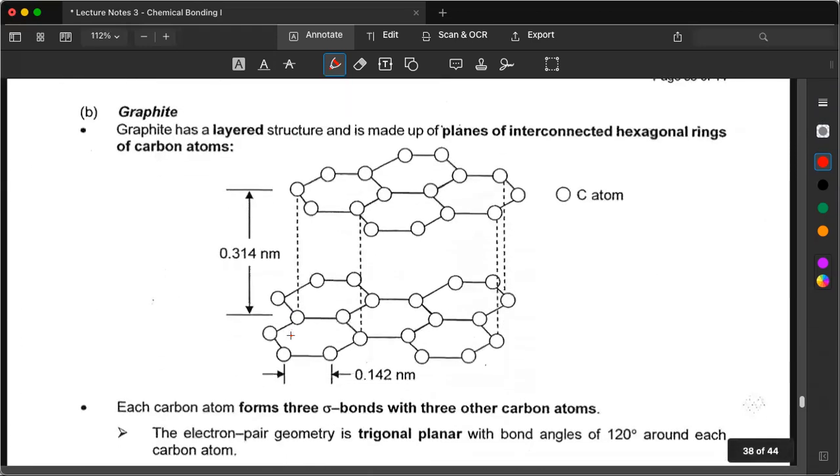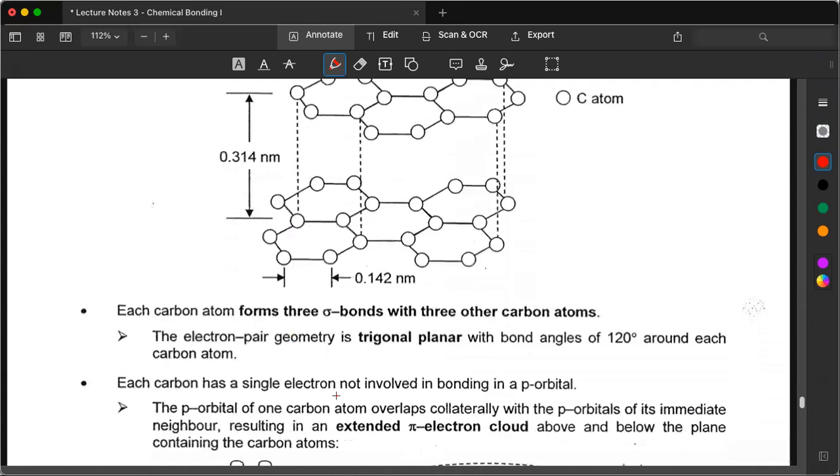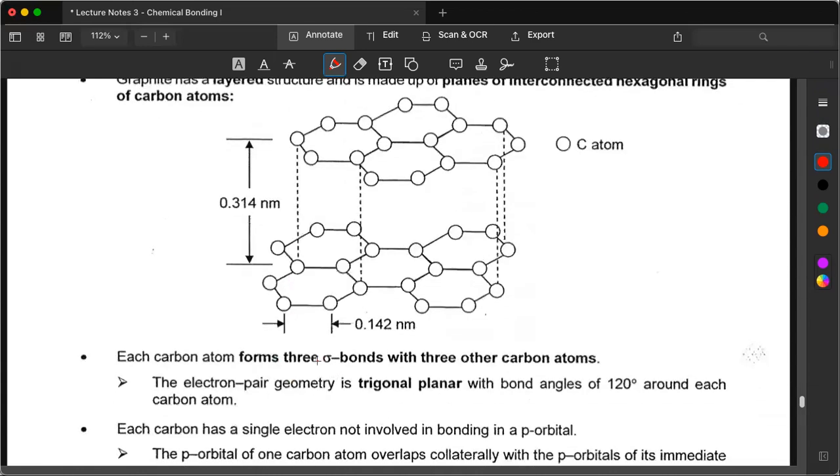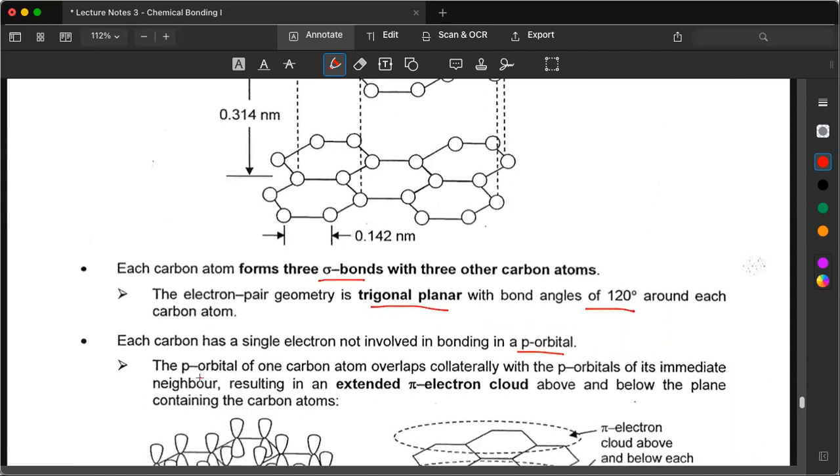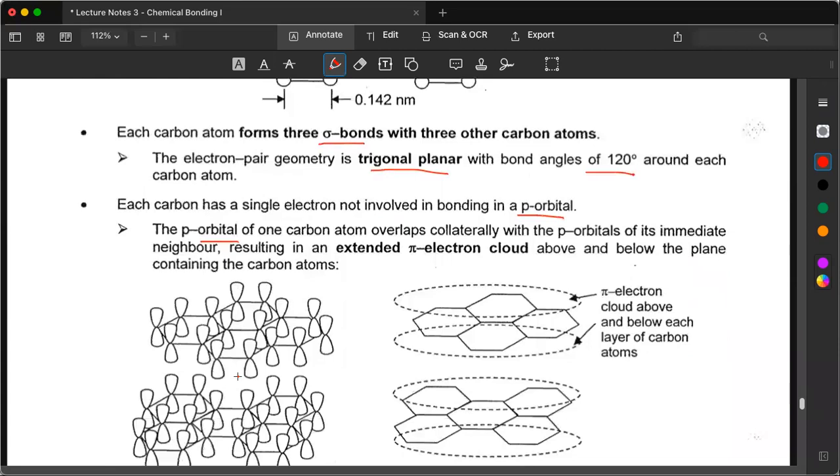Graphite, we covered this in O level. What is new is the sigma bond, the trigonal planar shape within the layer, and the bond angle. And the carbon atom's electron that's not involved in bonding is actually in the p orbital. So the p orbital of the carbon atom will overlap collaterally with the p orbital of its immediate neighbors.